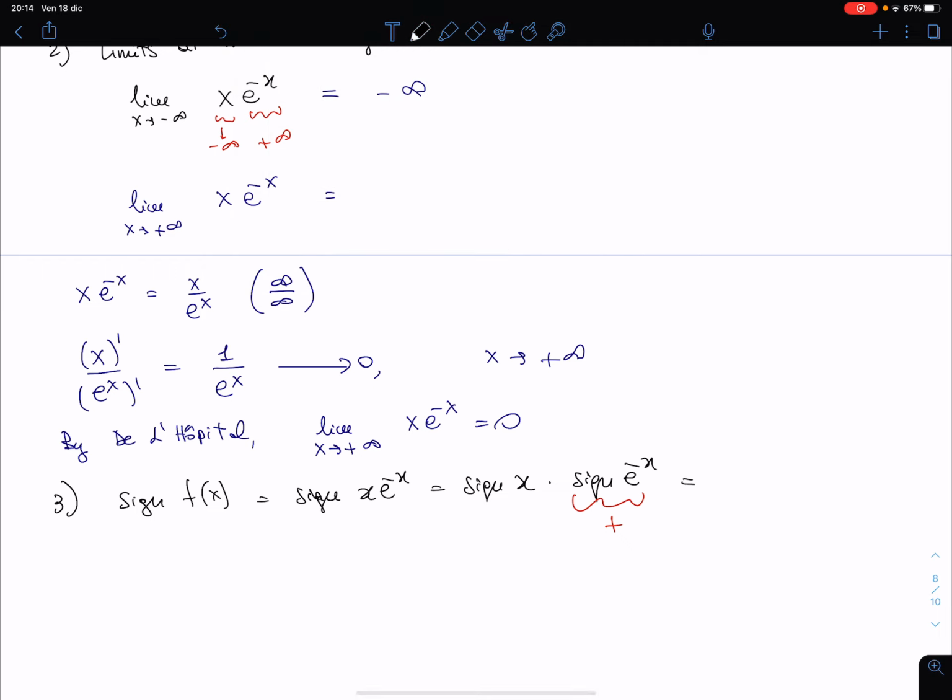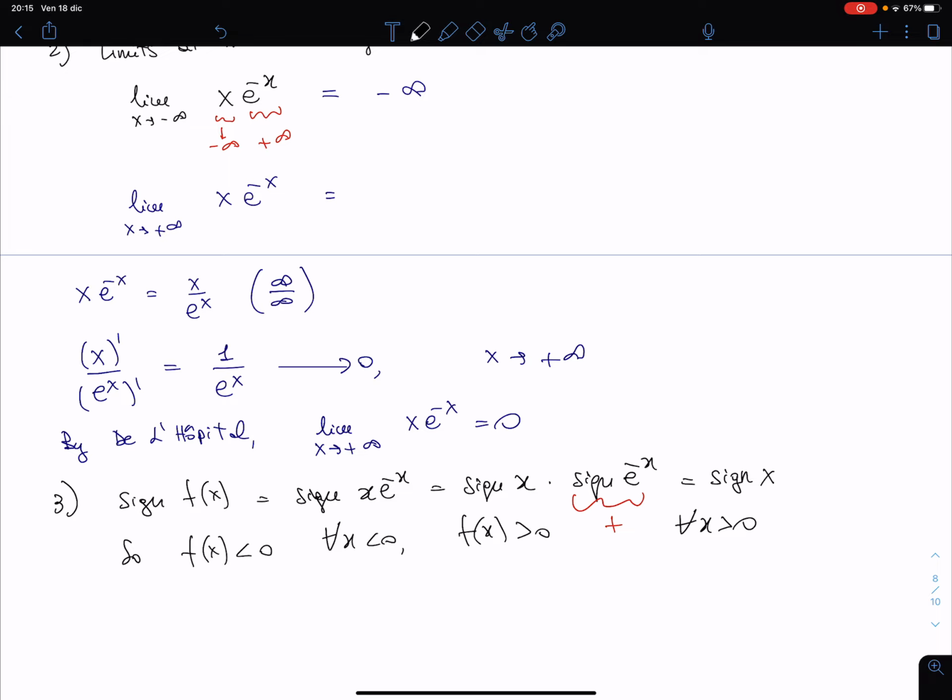It does not change the sign. So f of x is less than 0 for every x negative, and f of x is larger than 0 for every x positive.